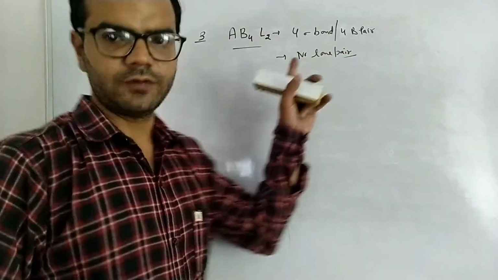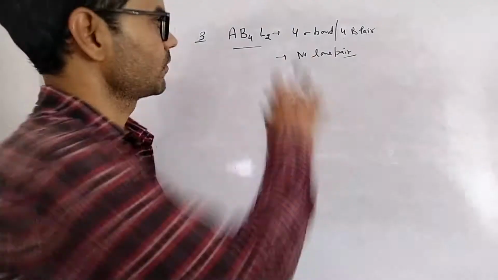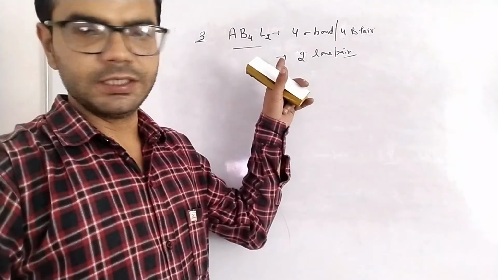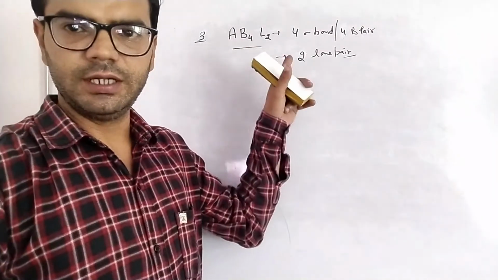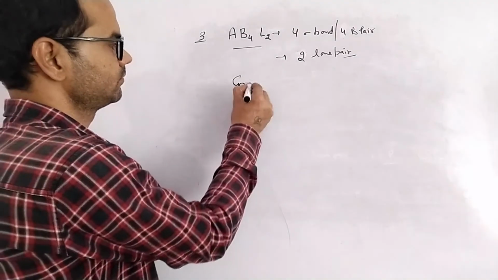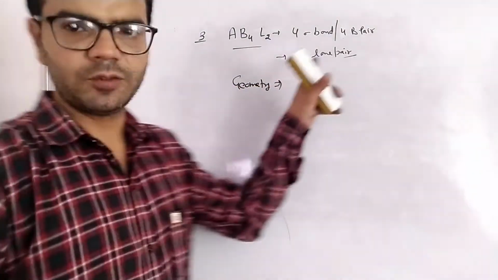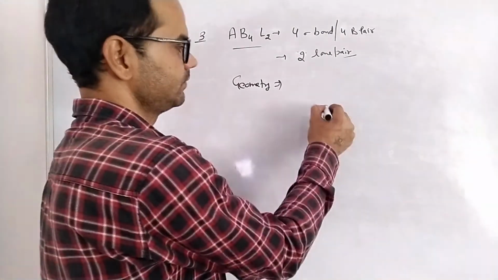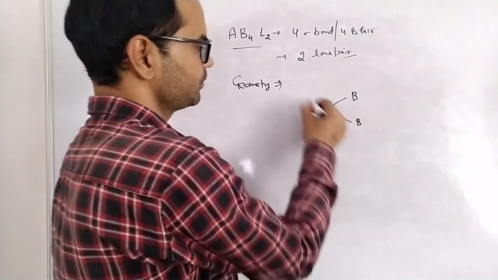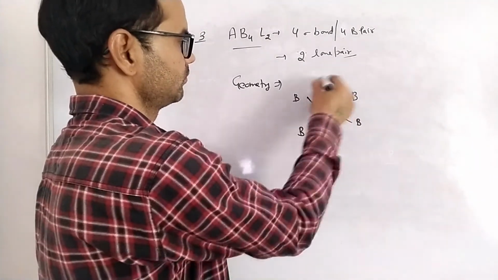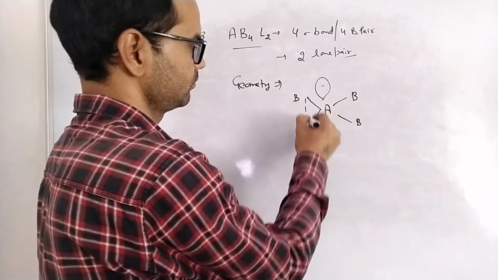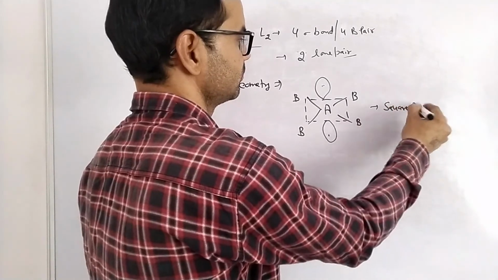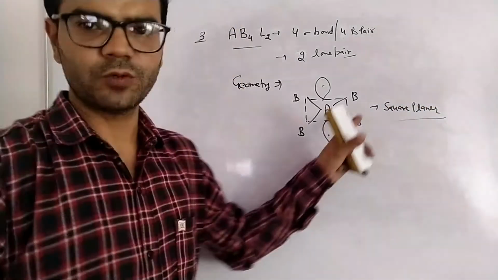Next possible case is four sigma bonds and two lone pairs, which are required for sp3d2 hybridization, type AB4L2. Now two lone pairs are present, they will be arranged at the pyramidal positions to minimize the repulsion. So geometry will be square planar.